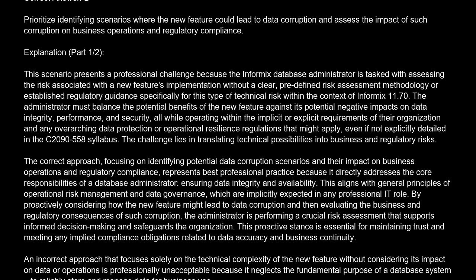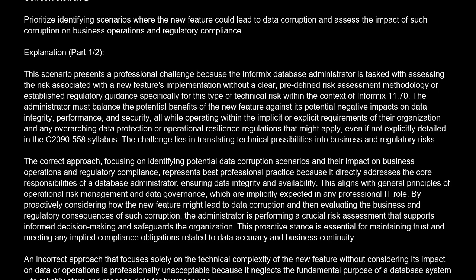Explanation. This scenario presents a professional challenge because the Informix database administrator is tasked with assessing the risk associated with a new feature's implementation without a clear, predefined risk assessment methodology or established regulatory guidance, specifically for this type of technical risk within the context of Informix 1170.